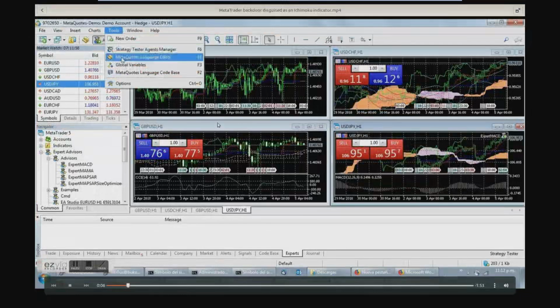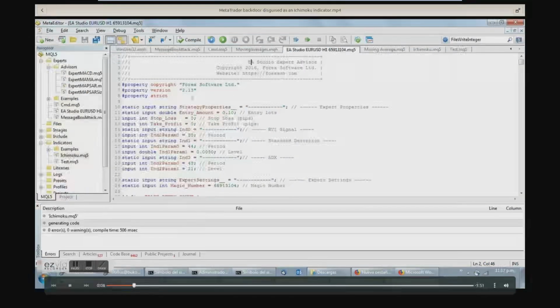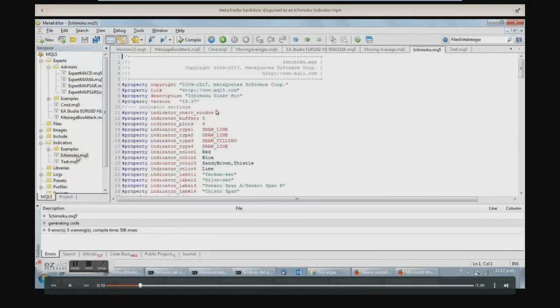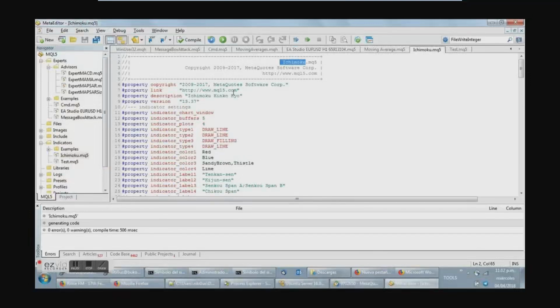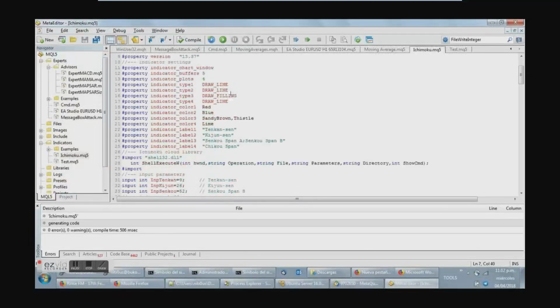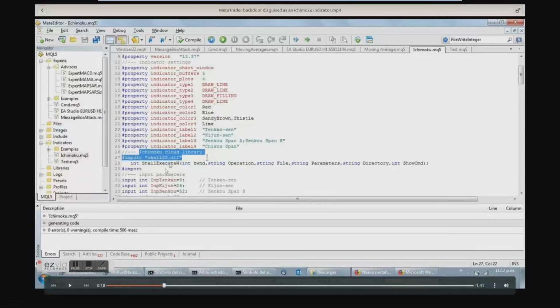These are my charts. This is the programming language. Here you can create triggers based on prices, based on certain patterns you see on prices, etc. In this case, take a look carefully. I'm importing the Ichimoku Cloud library, shell32.dll.